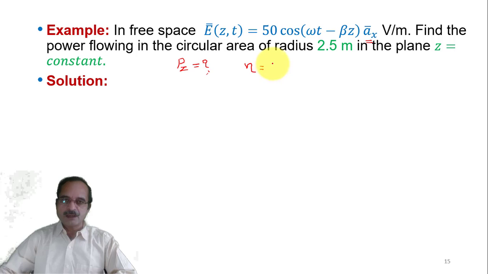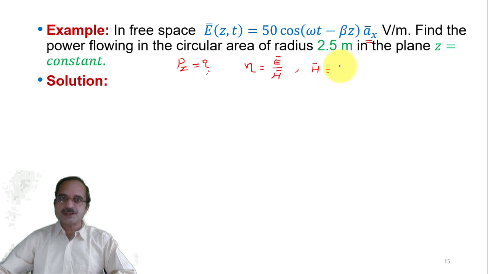Since E is given, we can write H in terms of E. So H is E upon eta, where eta is for free space, which is 120 pi. So this becomes 50 cos(omega t minus beta z) divided by 120 pi.